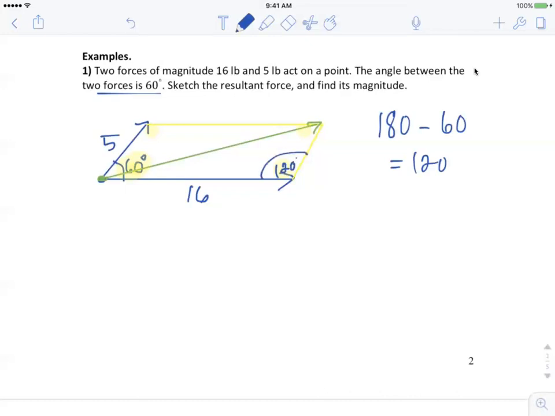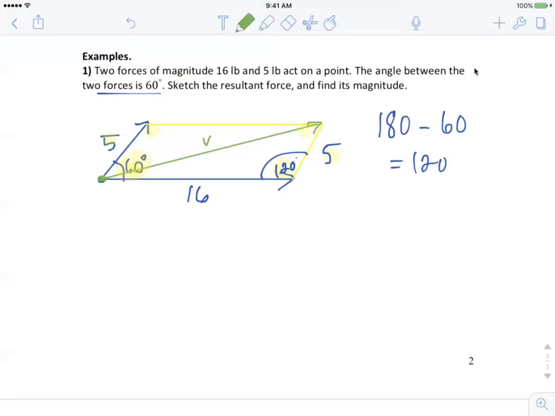If this is 5 over here, then it would be 5 on that side as well, so I can label that 5. And then let's call this green vector V, just to give it a name. Call it whatever you want, but I'm going to name it bold V. What I want to do to find the magnitude of V is find the length of that vector.